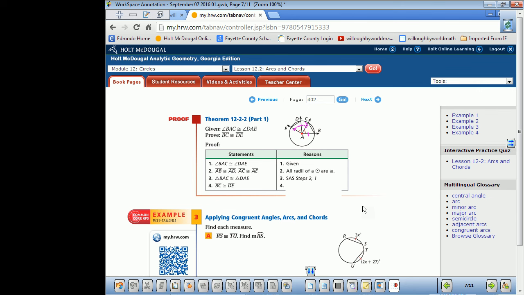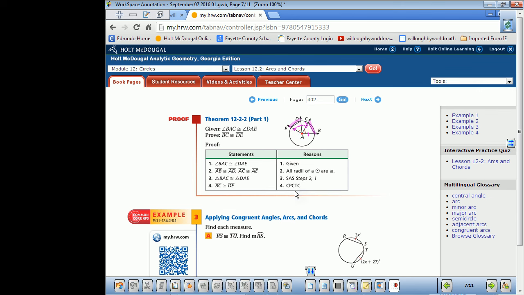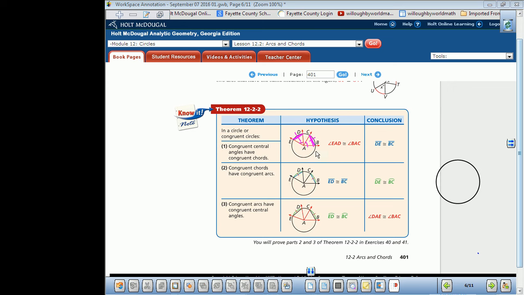Now, if we have congruent triangles, then we know that corresponding parts of congruent triangles are congruent. So, there's the proof. If we have congruent central angles, those chords that connect those angles are also congruent.